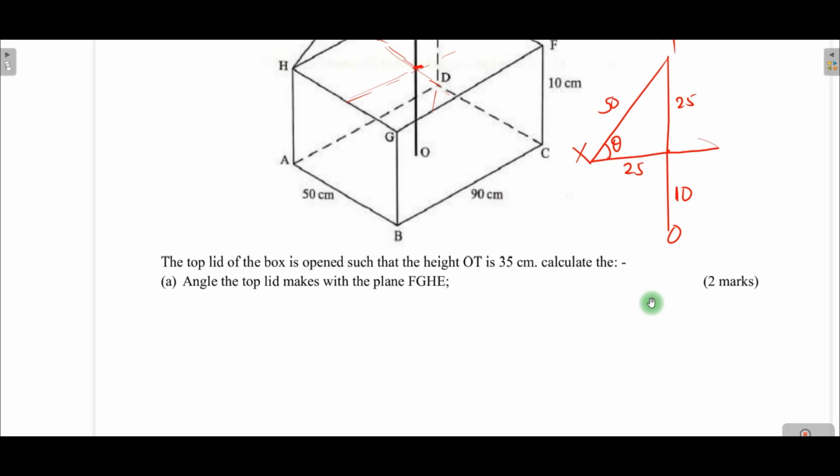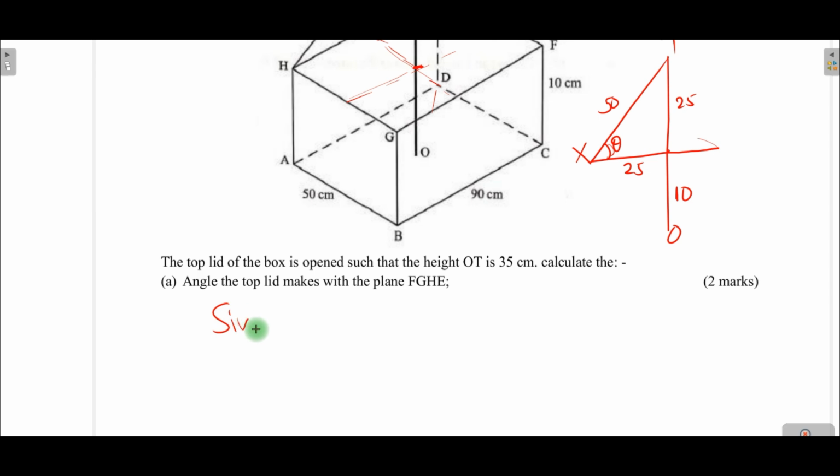So let us use a trigonometric ratio to get theta. I can consider this side 25 and the hypotenuse 50, and therefore we can use sine, opposite over hypotenuse.